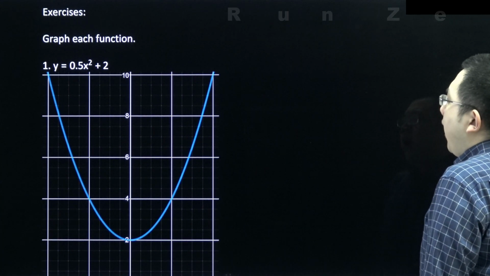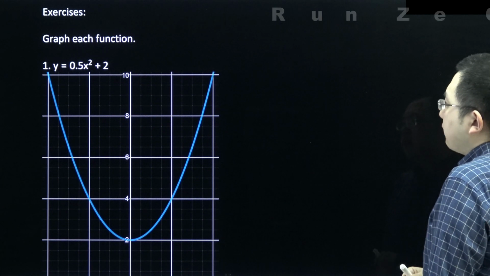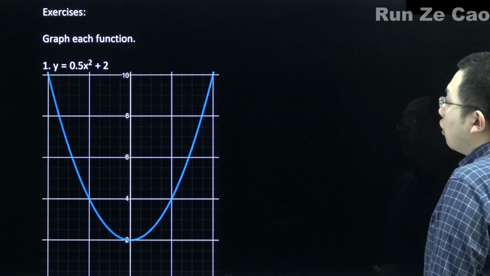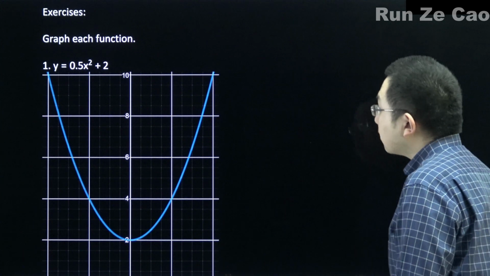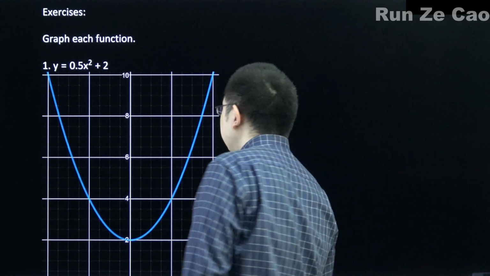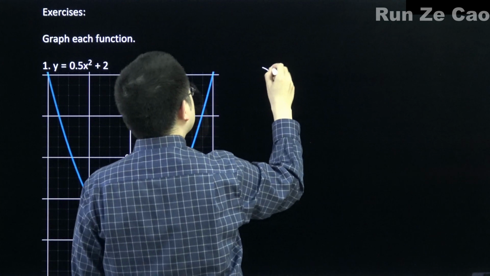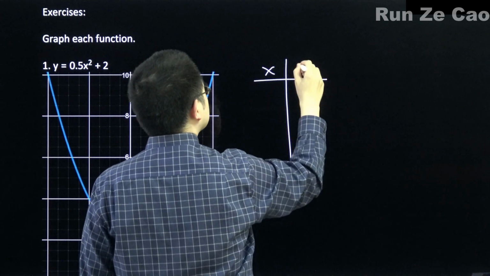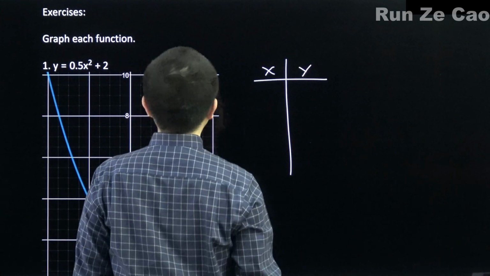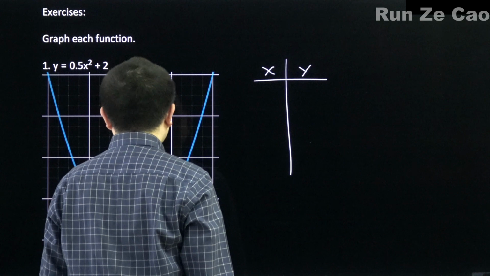Okay, let's graph this. y equals 0.5x squared plus 2. Well, you would have x and you would have y. It's x squared, and it's 0.5 times x squared.